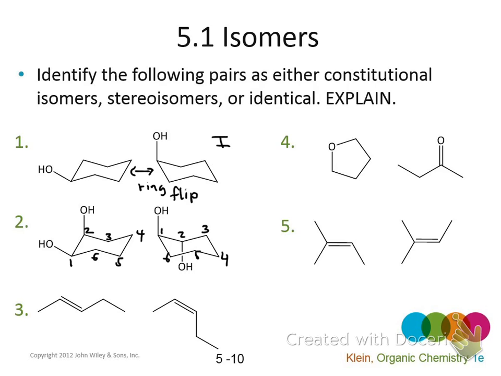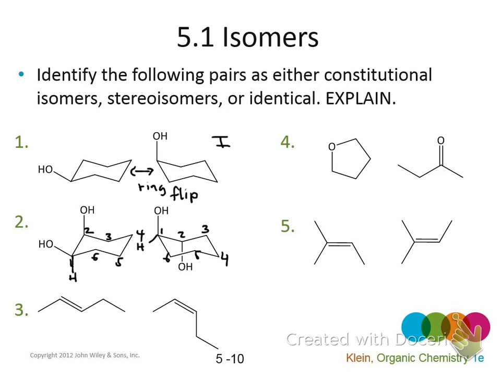And the answer is, well, on carbon number 1, the OH is going up on both. Up being the top side of that carbon. Because this carbon has to have a substituent that goes down here that's a hydrogen. This one has a substituent over here that's a hydrogen. What's the number 2 carbon?